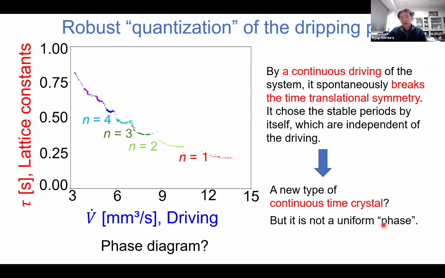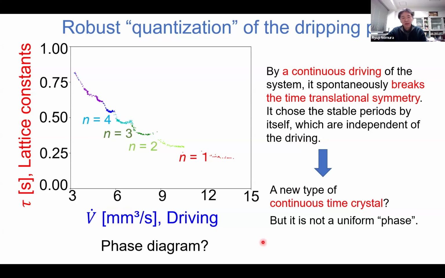I'm not quite sure such a dripping can be regarded as a time crystal, but it really satisfies some of the requirements, because it chooses a stable period by itself without any fine tuning. The system chooses the period by itself, independent of the driving. Driving means the flow into the droplet.